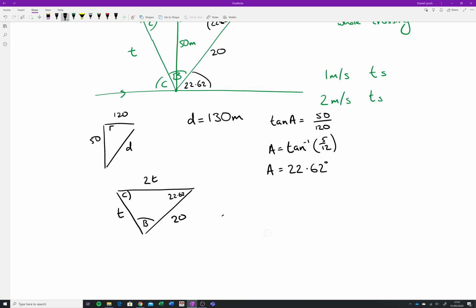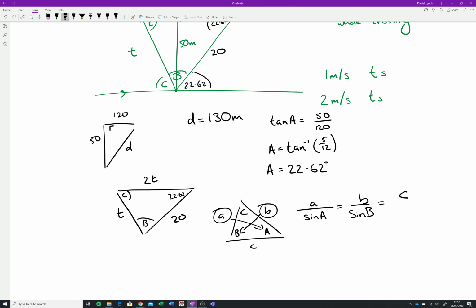It might look like we should say something like, so I presume you know the sine rule. In case you don't, just a 30-second thing. Something that's true: if that's side A and that's angle A, if that's side B and that's angle B, if this is side C and that's angle C, it's true to say that A divided by sine A, so that is any side divided by the sine of the angle opposite it, is equal to any other side divided by the sine of the angle opposite that one.